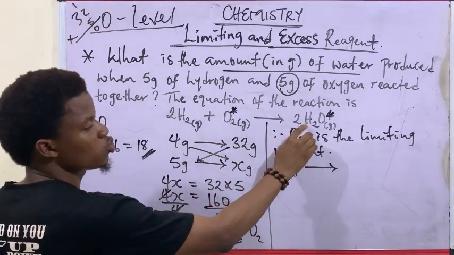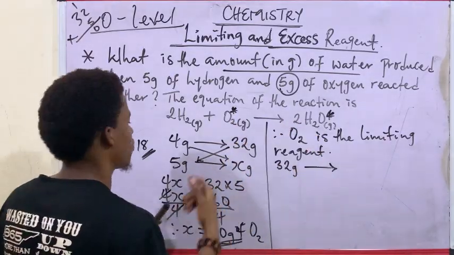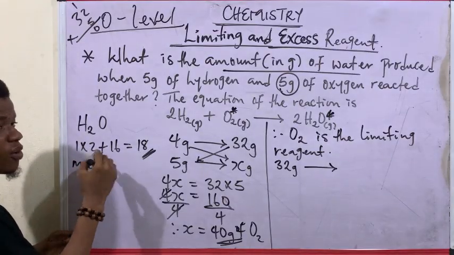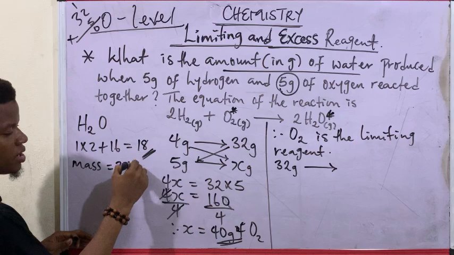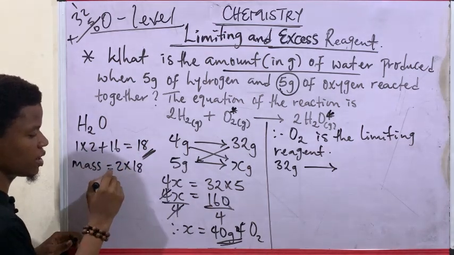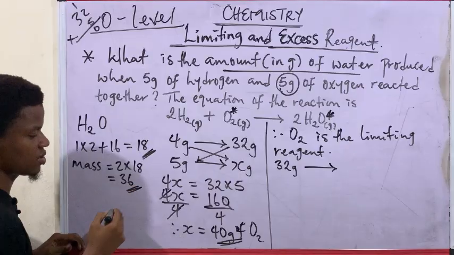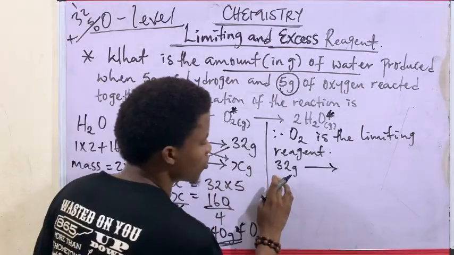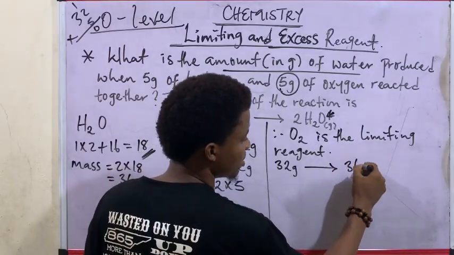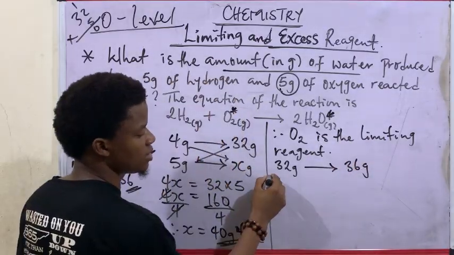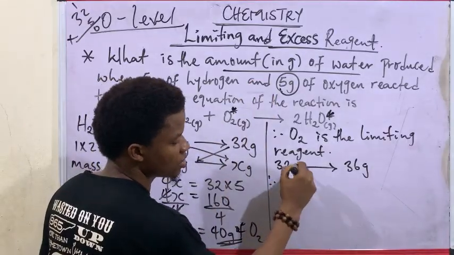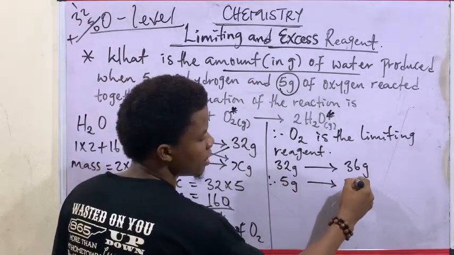But now you have 2 moles. So remember, to get the mass of water, number of moles times molar mass, 2 times 18. I gave this formula in the previous question we solved. So we're going to get 36. All right. So 32 gram of oxygen produces 36 gram of water.